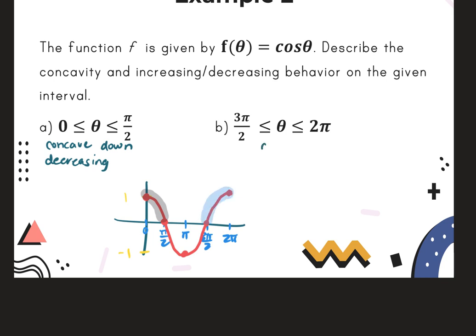Concave up or down? And increasing or decreasing? Easy stuff, right? All I have to do is memorize that parent function. And obviously we're going to reuse that sucker like 700 times. So just learn it.